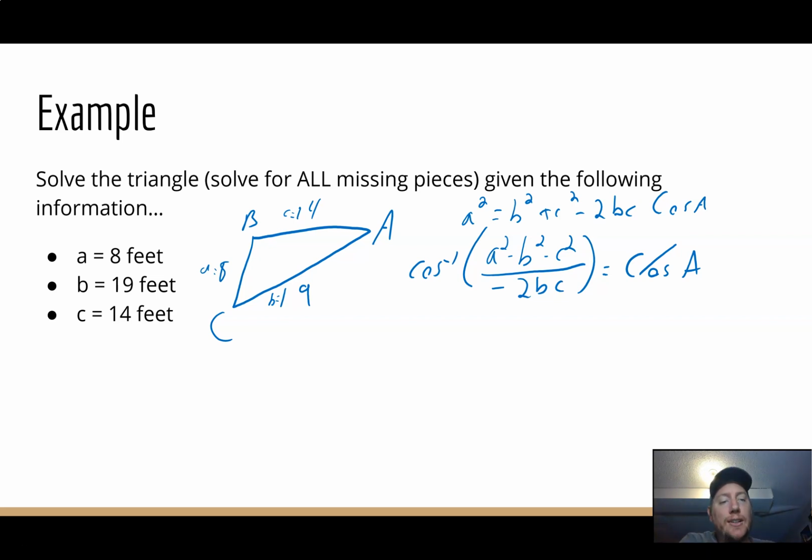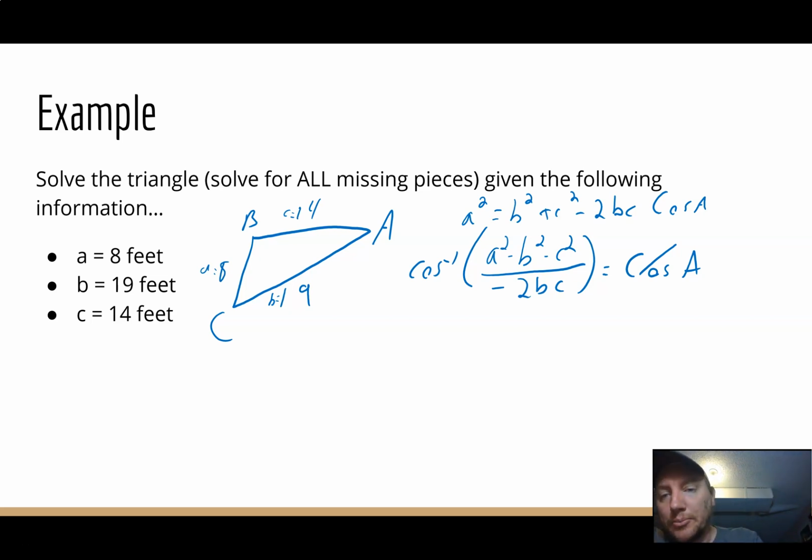I would say that the law of cosines is easier than law of sines so long as you have these varieties. So I'm going to type that in my calculator. Inverse cosine, make sure you put the top in parentheses.